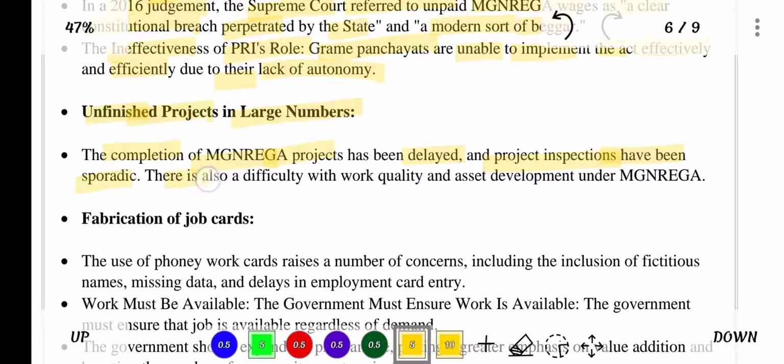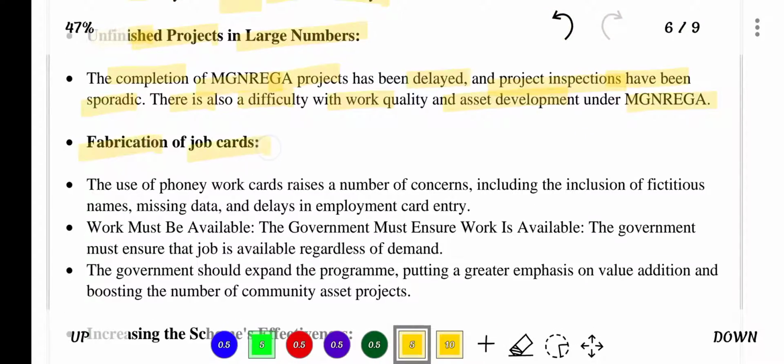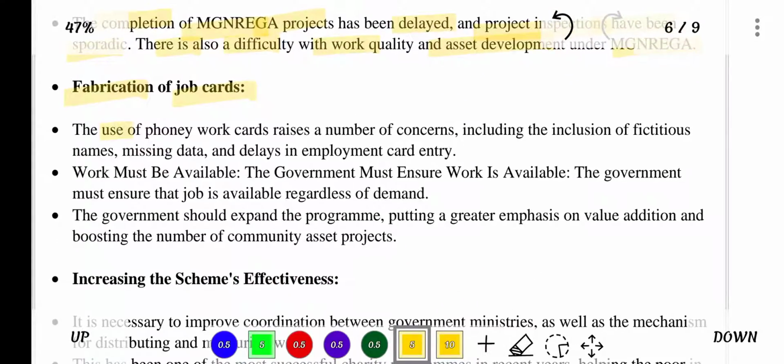There is also a difficulty with work quality and asset development under MGNREGA. Fabrication of job cards. The use of phony work cards raises a number of concerns, including the inclusion of fictitious names, missing data, and delays in employment card entry. Work must be available. The government must ensure work is available.